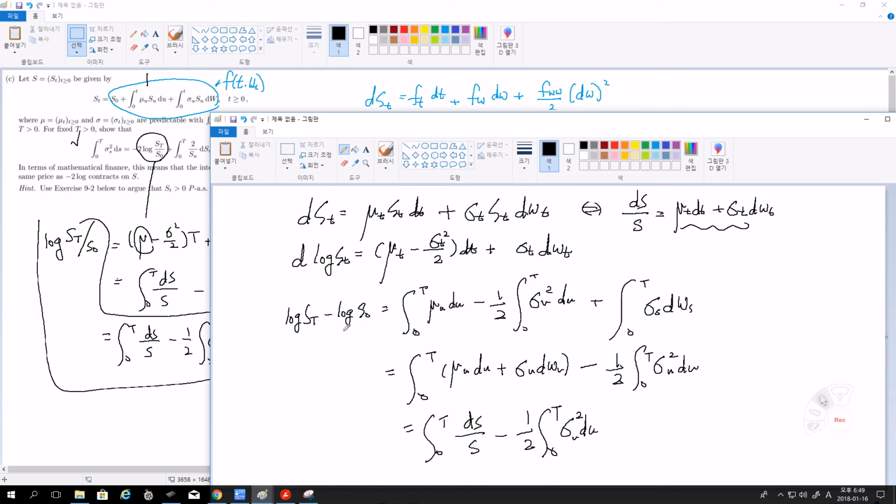And then this one is simply log S_T over S_0, right? And then the next step is I multiply by 2. I want to solve in terms of this one.